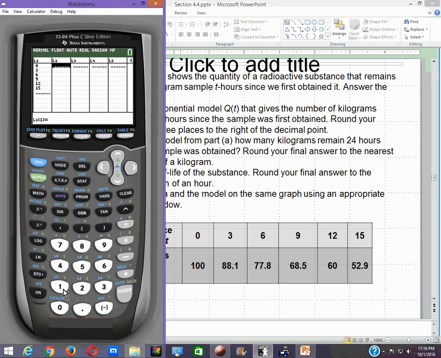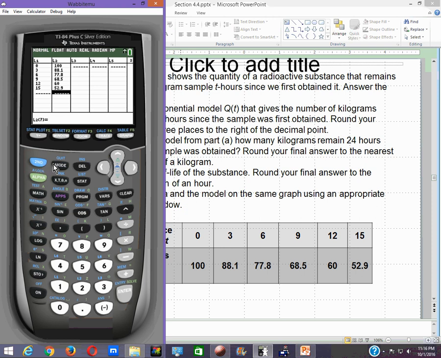Then 100, enter. 88.1, enter. 77.8, enter. 68.5, enter. 60, enter. 52.9, enter.